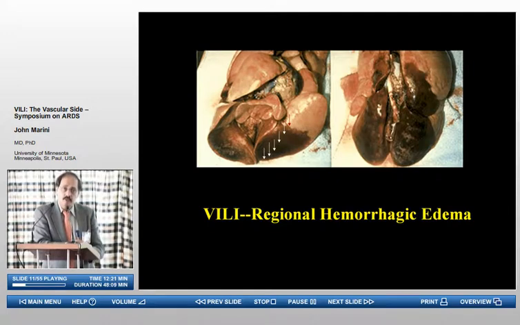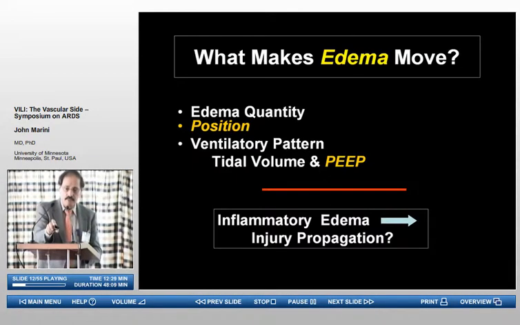Is there anything else that happens that would favor dependent injury? Well, it's not the topic of my talk today, but I would say that once edema begins to form in the alveoli and they begin to flood, then that edema has protein in it that can inactivate surfactant.